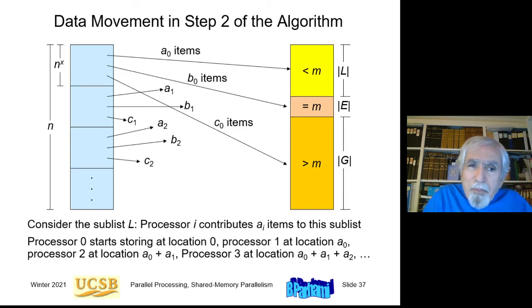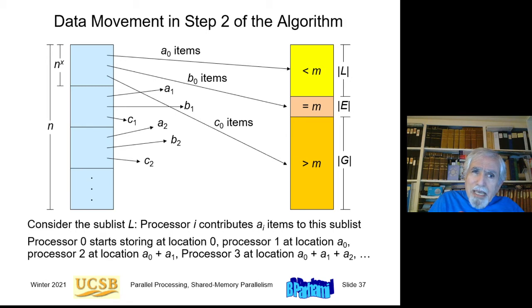Once we know what m is, each processor basically scans its list of elements and compares them to m. Some of them will be less than m, some will be equal to m, and some will be greater than m. So it counts those values.